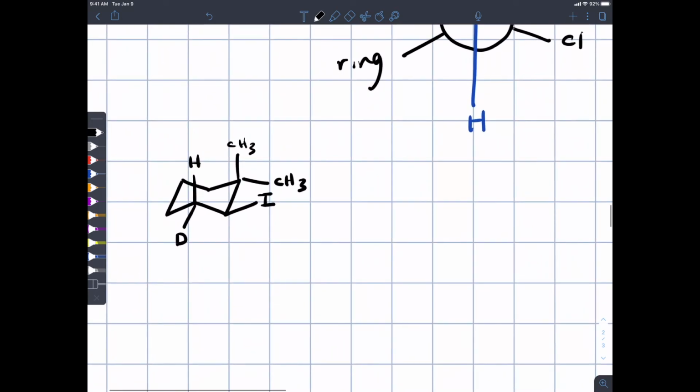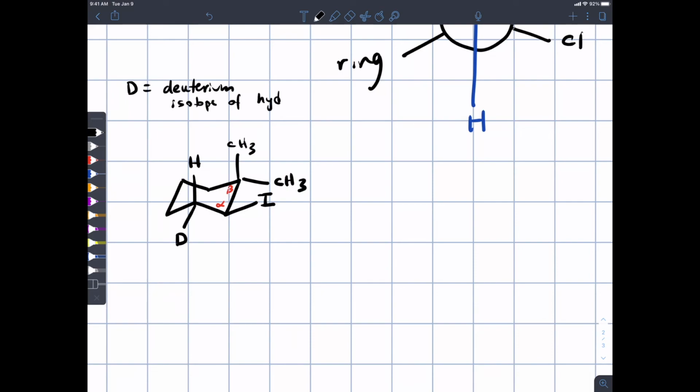I've made this a little bit easier because I've made it so one of the beta carbons doesn't have any protons on it. But you've got a proton here and then a deuteron there. D equals deuterium, which is an isotope of hydrogen.